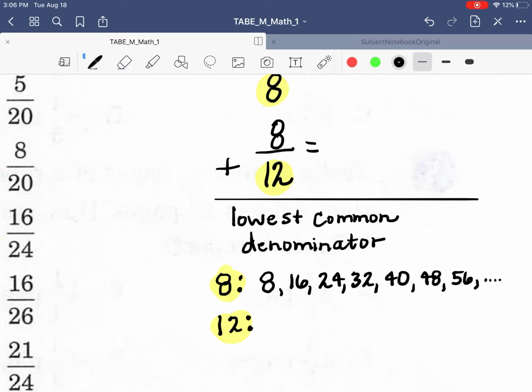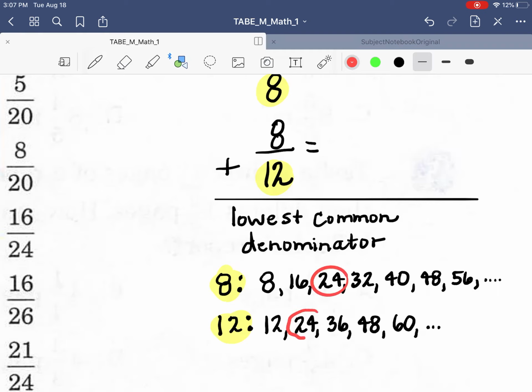So let's do the bottom one the same way. This time, my fingers are going to be worth 12. 12, 24, 36, 48, go one more, 60, and let that be, the ellipsis shows that it can carry on. It keeps going.